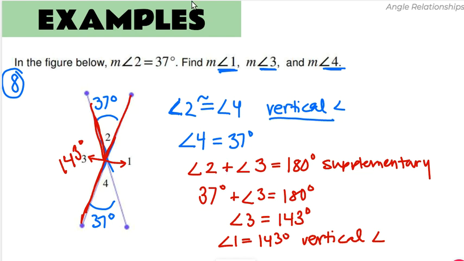And if you take a look at this for a second, if I did the math, do you see how angle 1 plus angle 4 makes a straight line? Well, if angle 4 is 37 and I want to find out angle 1, wouldn't I be doing the same exact math that I did here in the red? Yeah. So there are three key parts to this to prove how these do.